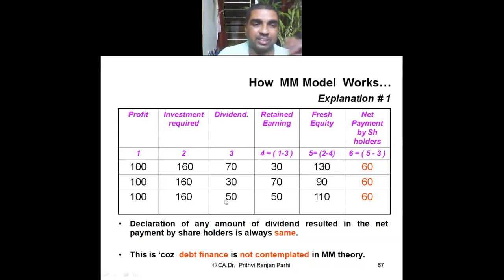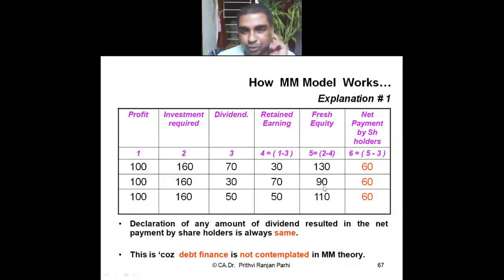Now we'll see the second situation. In the second situation also profit is 100. Investment required is 160. Let us say I am declaring dividend 30. If I have declared dividend 30, then how much is my retained earning? 70. I need 160, but money available is 70.